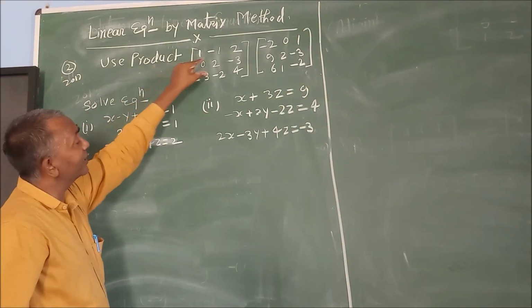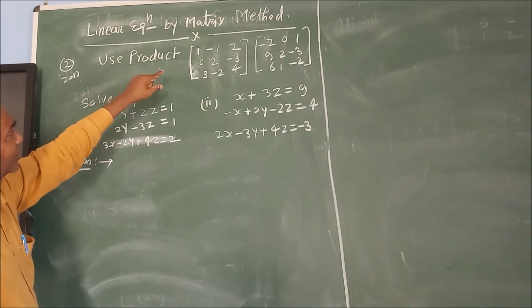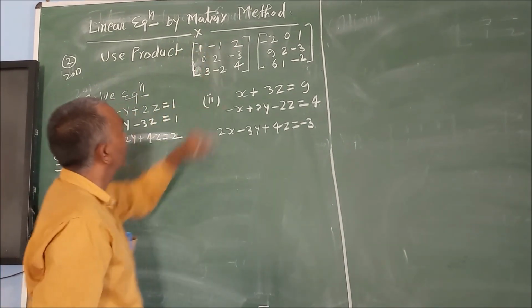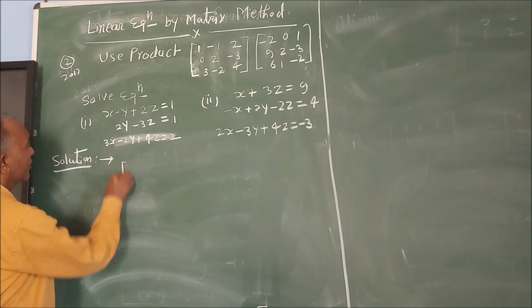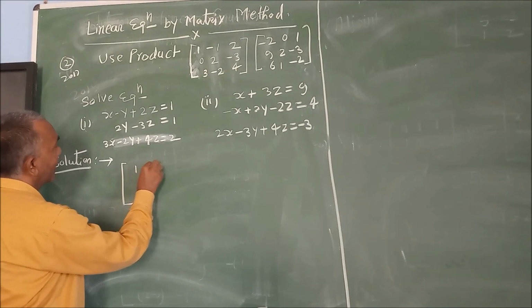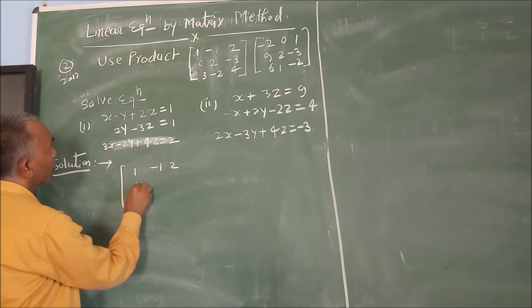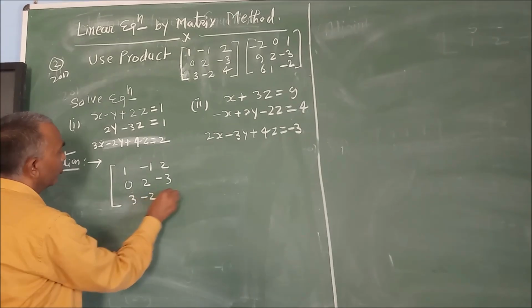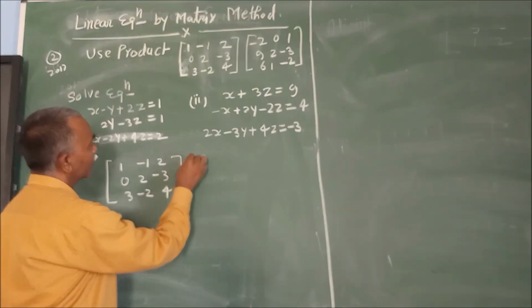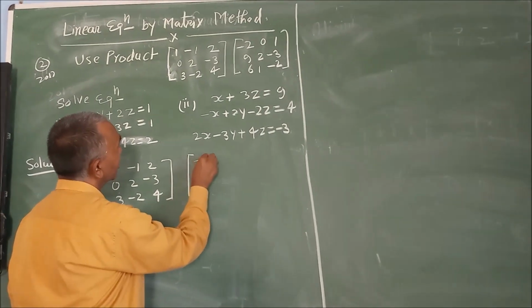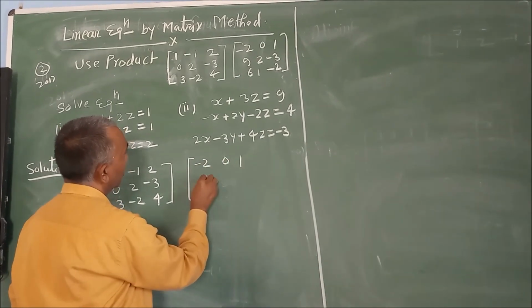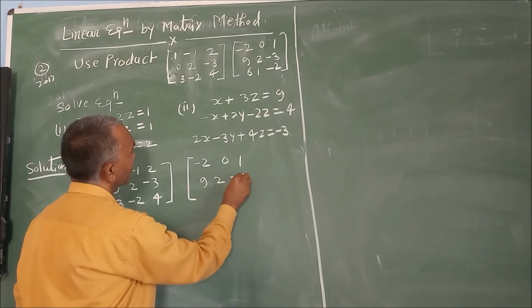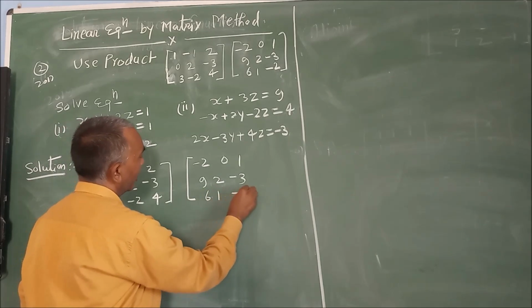When only one product is given, first you write the product. This will be 1 minus 1 2, 0 2 minus 3, 3 minus 2 4, and this should be multiplied with minus 2 0 1, 9 2 minus 3, 6 1 minus 2.